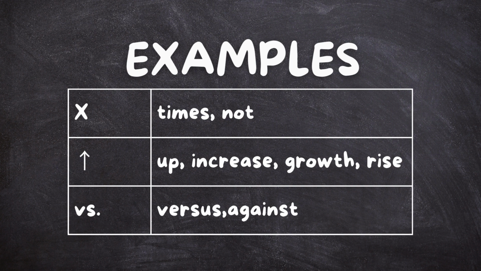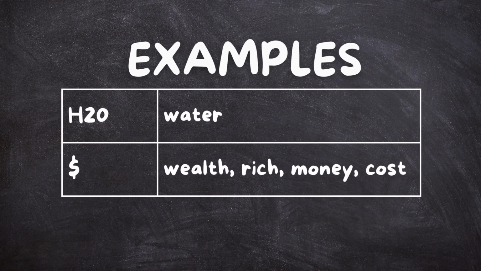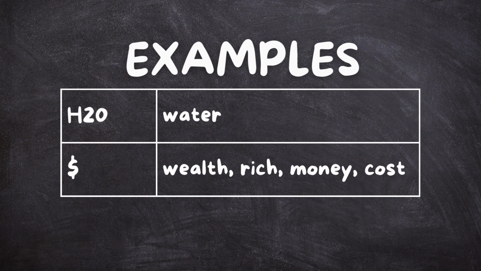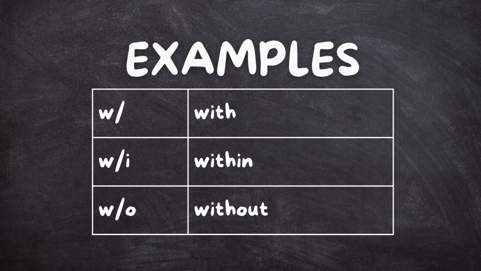And then VS can stand for versus or against. H2O is a great abbreviation or symbol for water. And then you can use the money sign to represent wealth, rich, money, or cost. Use W/ for with, W/I for within, and W/O for without.